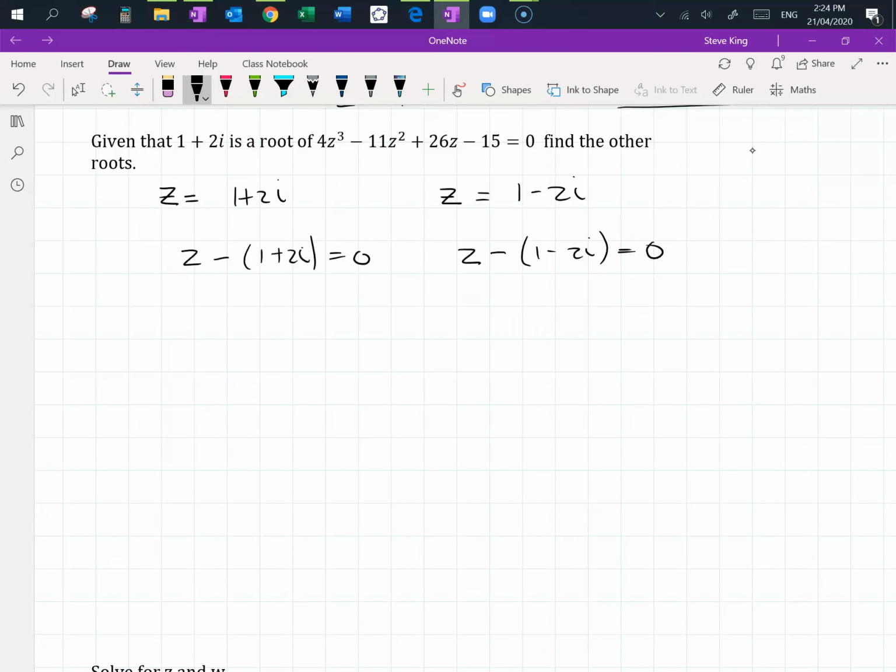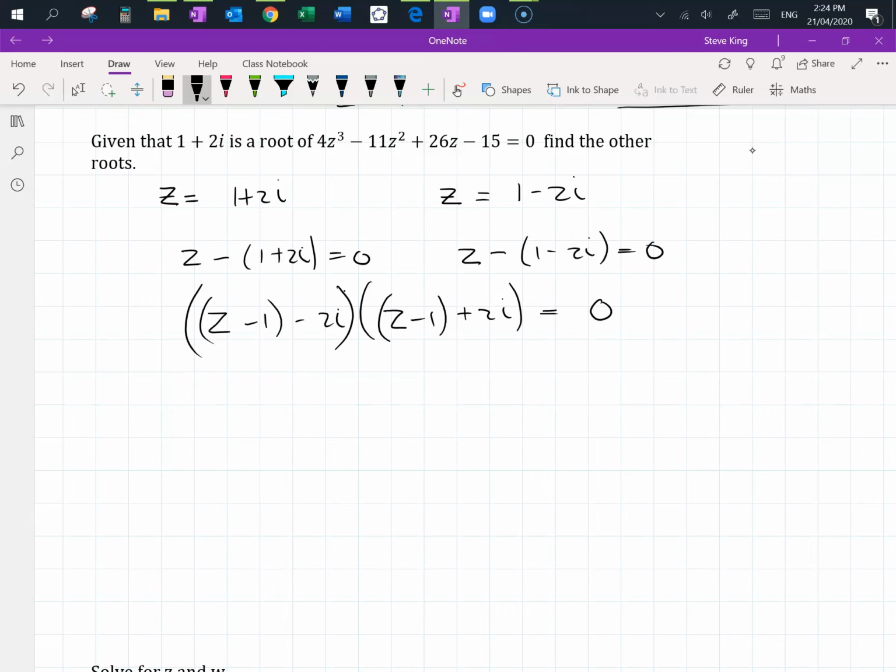If I multiply those two together, I'm going to get this statement: (z minus 1, in brackets, minus 2i) multiplied by (z minus 1, in brackets, plus 2i).